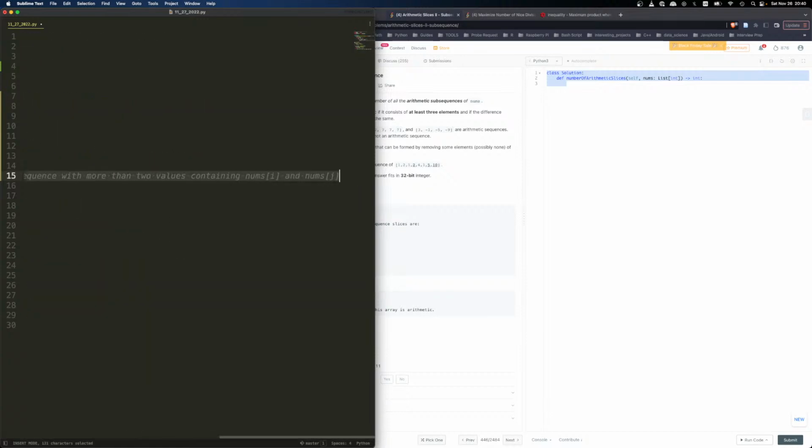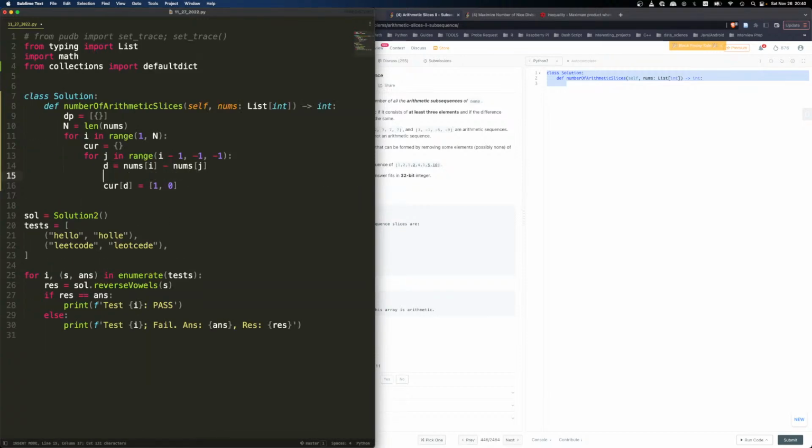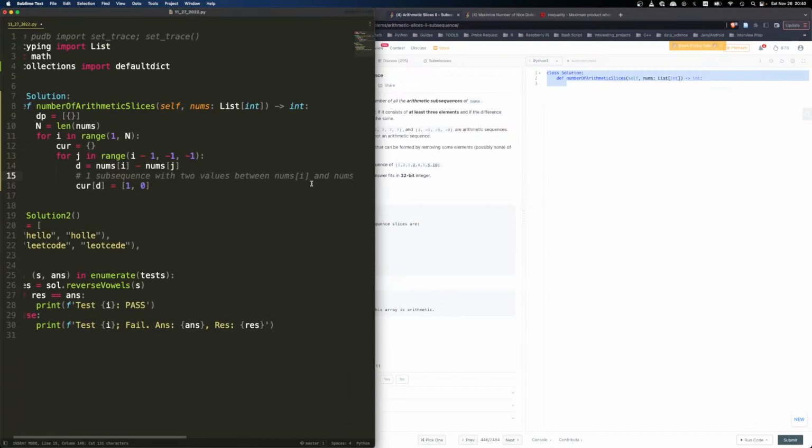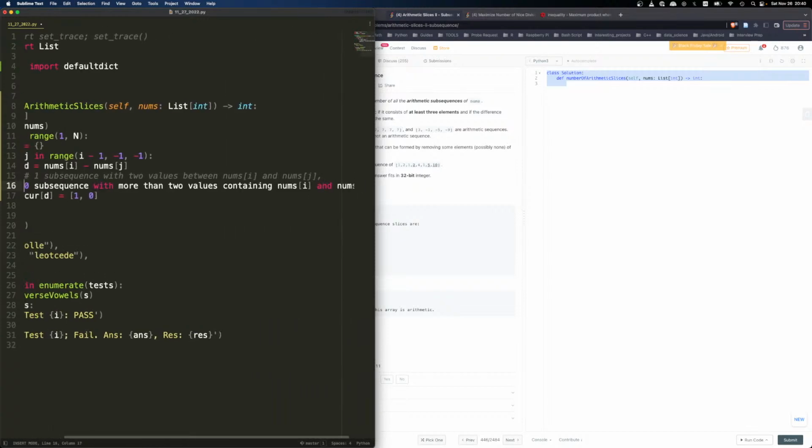That's the initial value. This is important to set up.